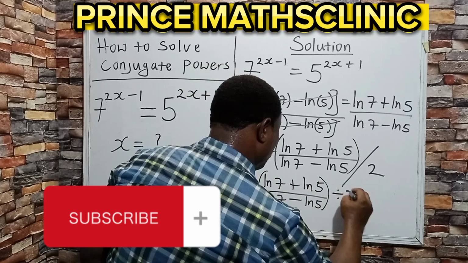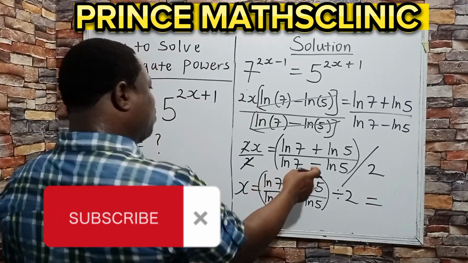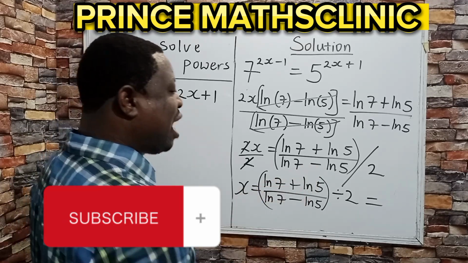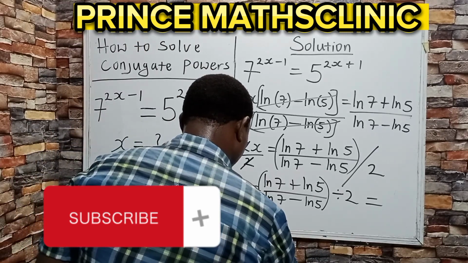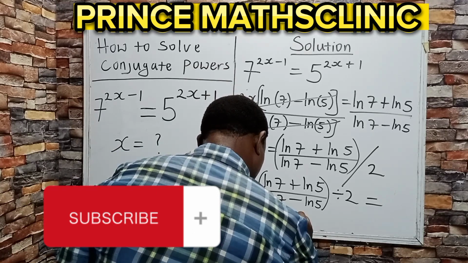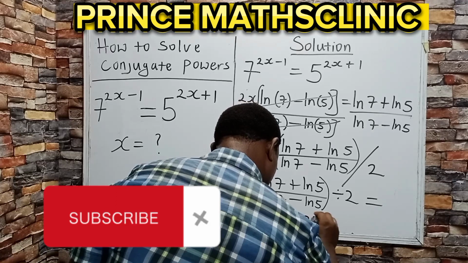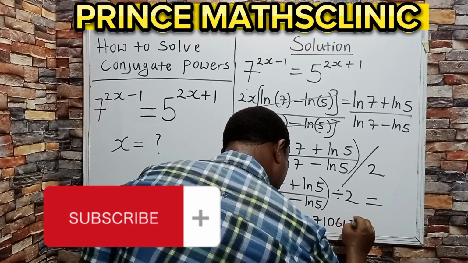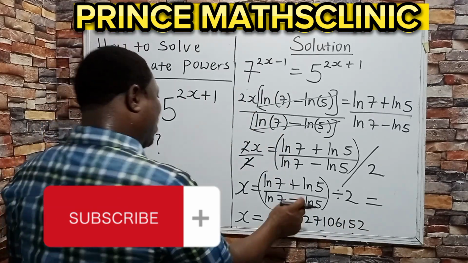And if you put ln 7 plus ln 5 over ln 7 minus ln 5 in the calculator, the whole value you are going to get as x will be about 5.28327106. That is the value for x.